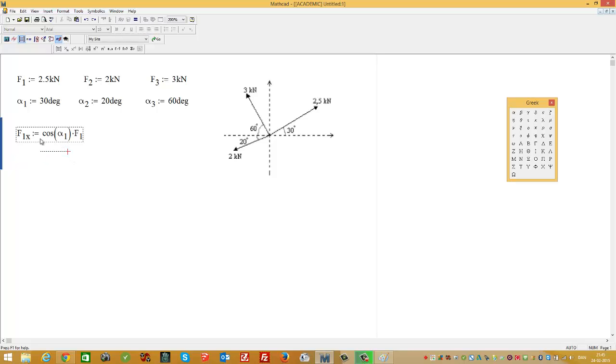That was F1x. Yeah, and now it's just to change, because now I can go down and take copies. The second one must be cosine alpha 2 times F2. So this is F2x, and it's exactly the same procedure for the third, F3. That is just cosine alpha 3 times F3.